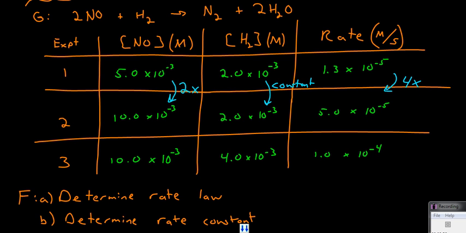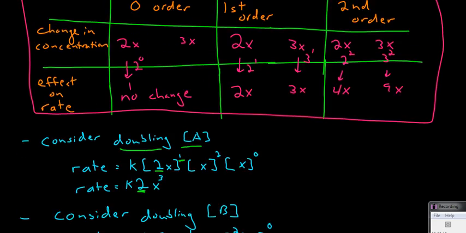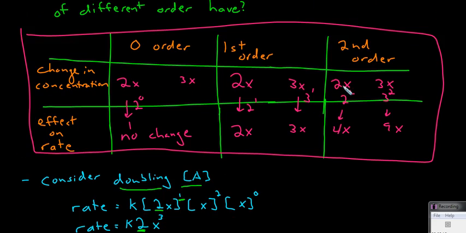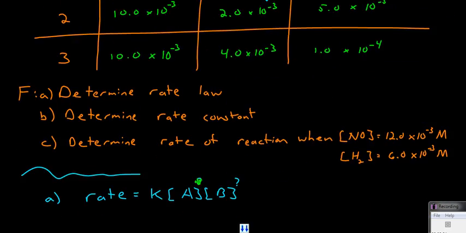What is the order of A then? Doubling the concentration of a reactant quadruples the rate. That means that that reactant must be second order. So we just determined that A is second order.